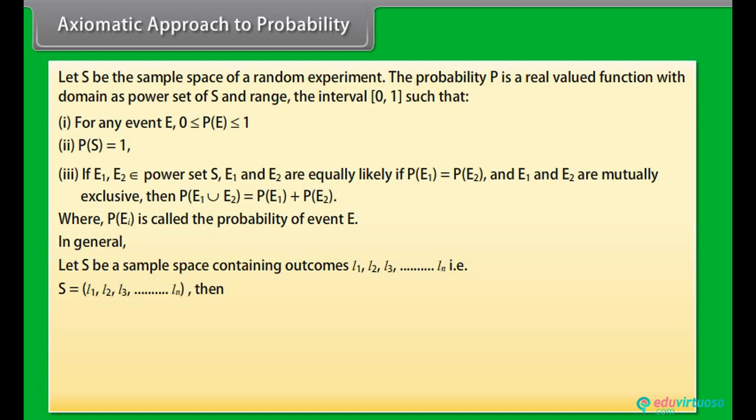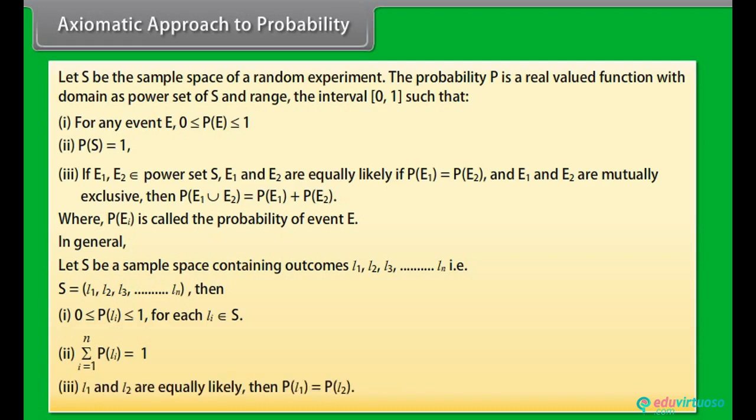Then 1. 0 ≤ P(Li) ≤ 1 for each Li belonging to S. 2. The summation from i = 1 to n of P(Li) is equal to 1. 3. If L1 and L2 are equally likely, then P(L1) = P(L2).